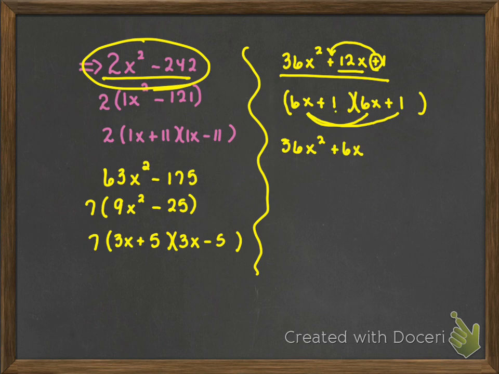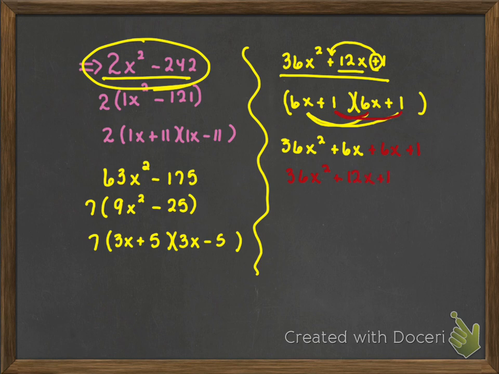Then I go to the middle here. 6x times 1 is another 6x, and 1 times 1 is 1. So if I add all of that together, my like terms are 6x plus 6x, which is 12x plus 1.